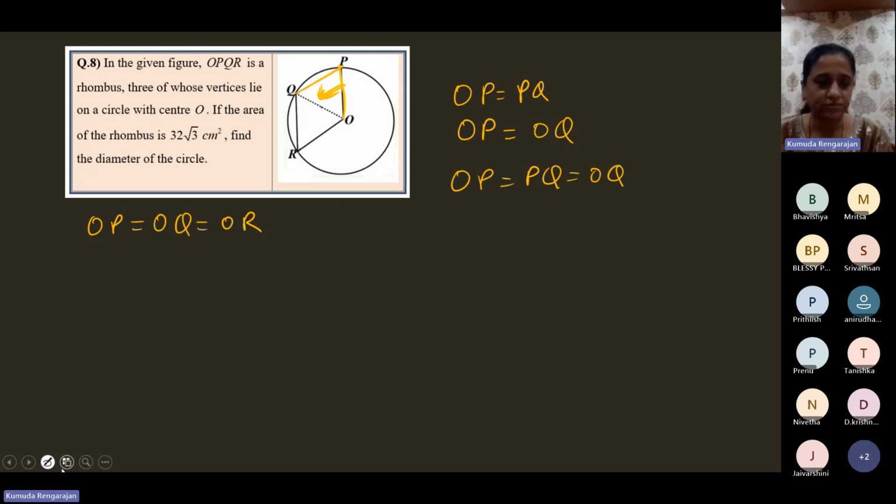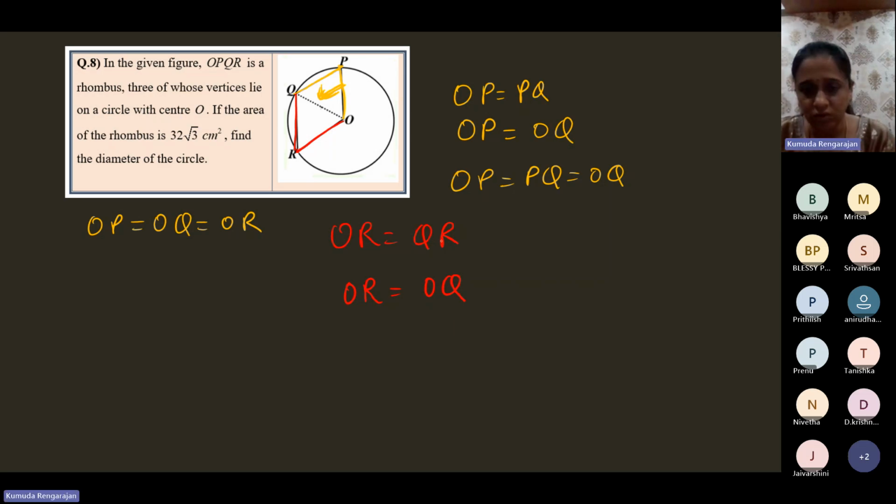Same thing below. This side is equal to this side. OR is equal to QR because in a rhombus all the sides are equal. But OR is equal to OQ, because OR radius, OQ radius.